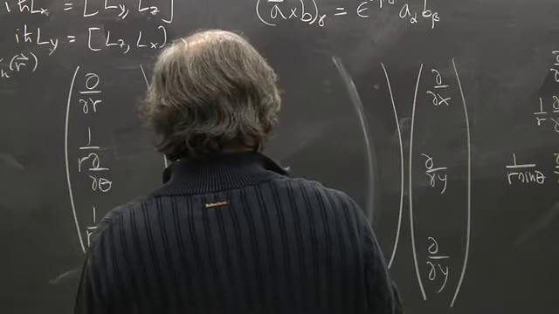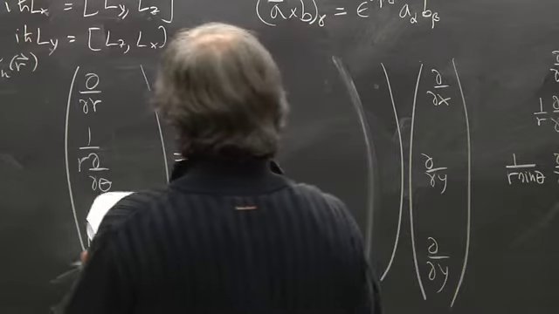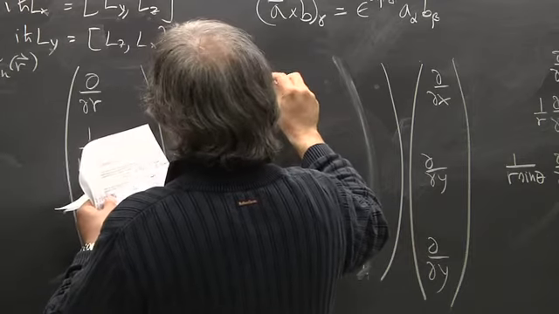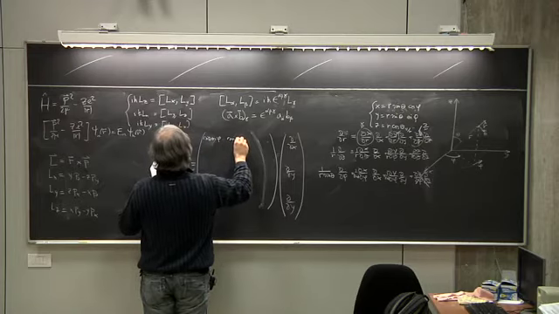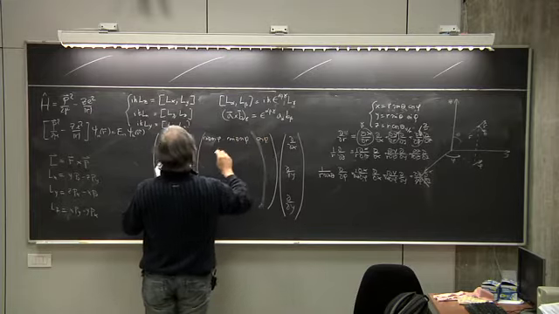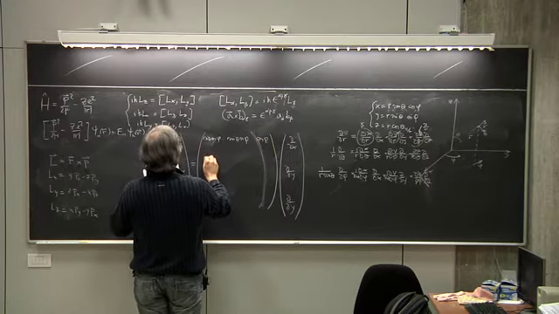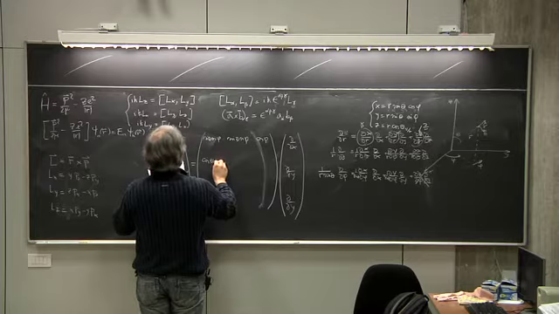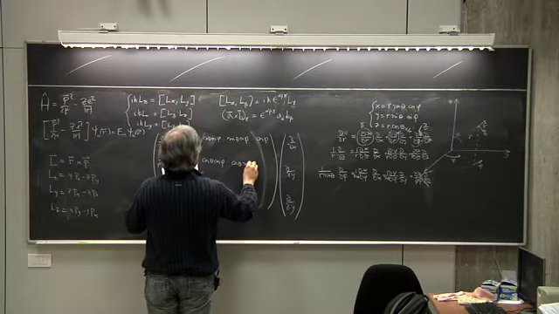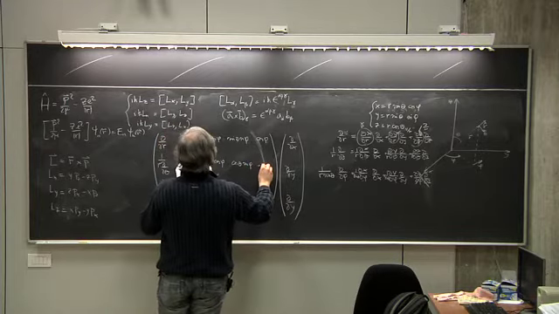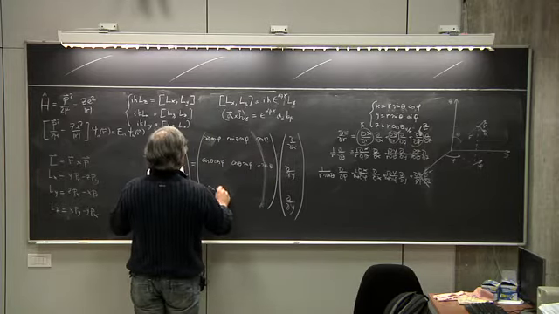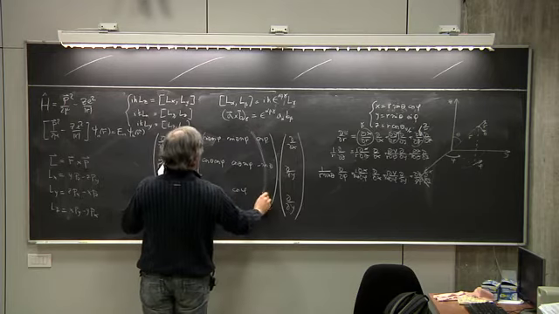If you calculate all derivatives, you will obtain here sine theta cosine phi, here sine theta sine phi, and here cosine phi; here cos theta cos phi, here cos theta sine phi, and here minus sine theta; and here minus sine phi, and cos phi, and 0.